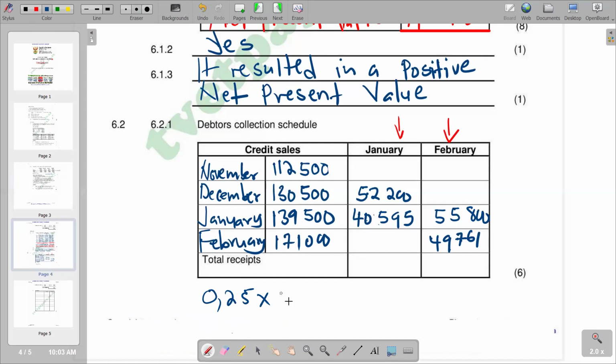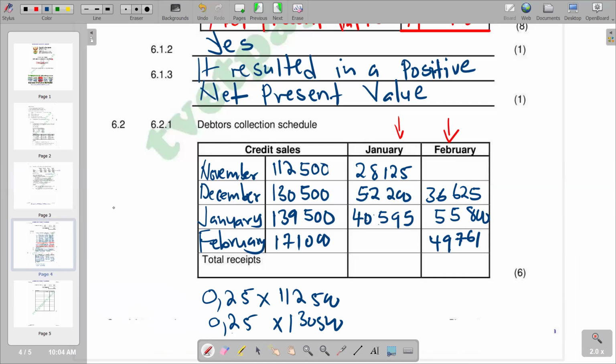For November, we've got 112,500. So for November being received in January, we get 20,125. And then the one for December will now be received in February, which is 25%. So it says 0.25. So December being received in February, we are here. So basically that's what we have on that part.